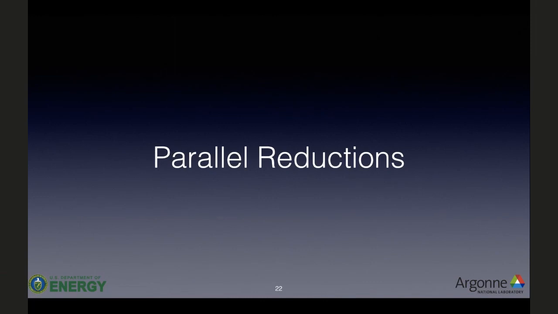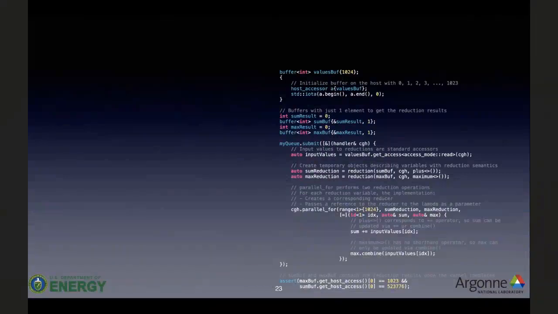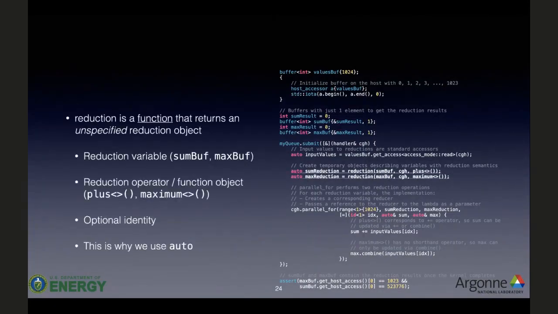Moving on to parallel reductions. This is an example of what a reduction looks like. If you look at reduction here, these are actually functions that return a reduction object.